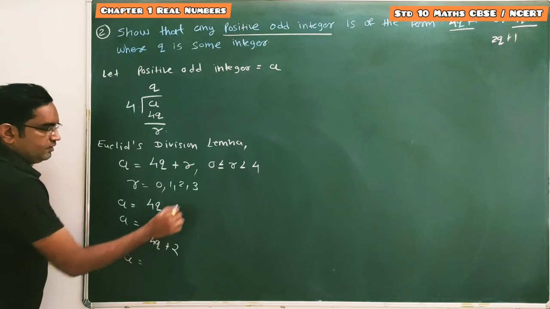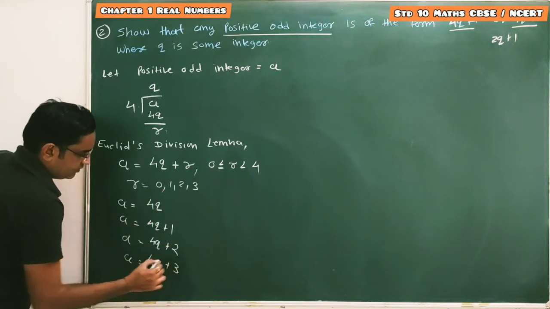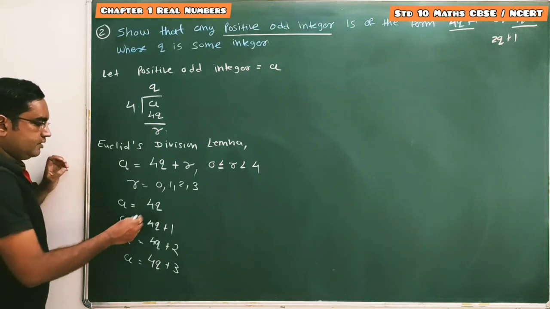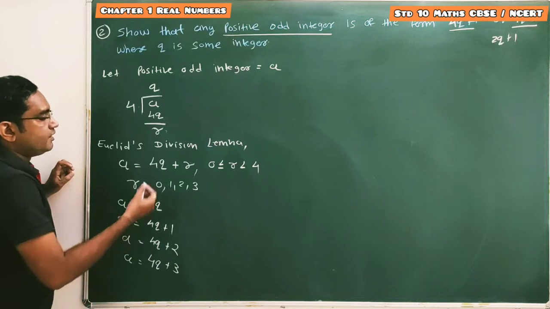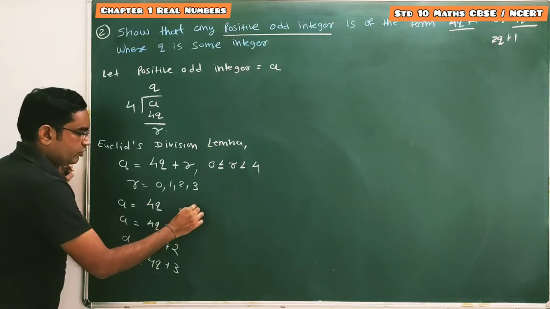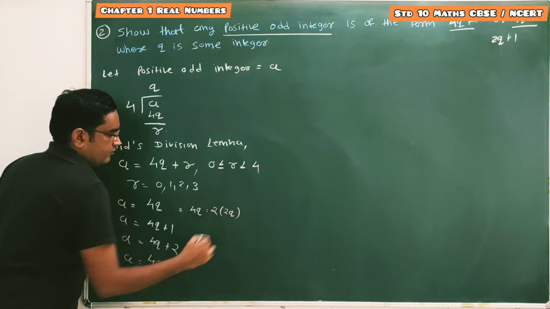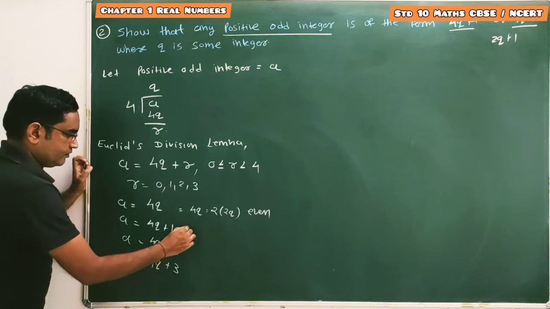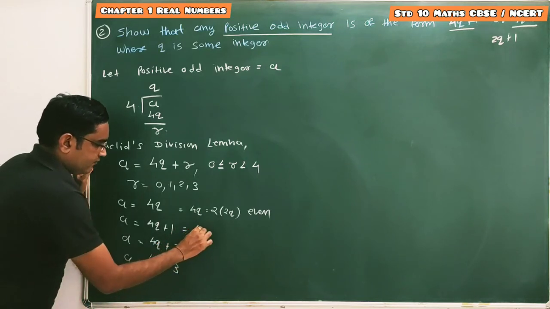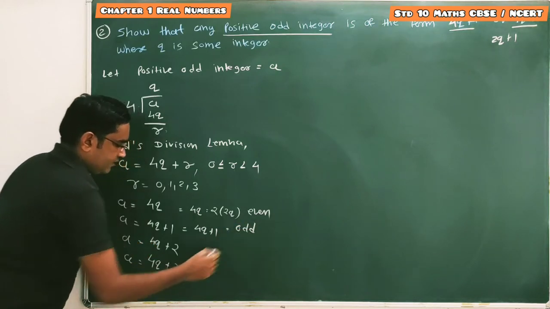And if r is 3, then a is 4q plus 3. Done? So here 4q is 2 into 2q, which is even. So a is even. And this 4q plus 1 is nothing but an odd positive integer.